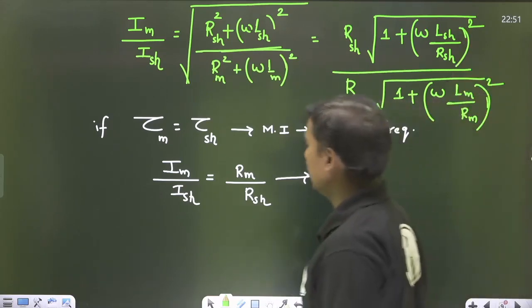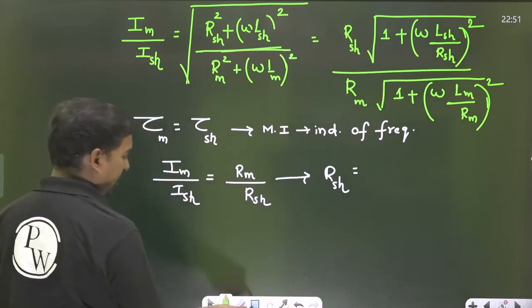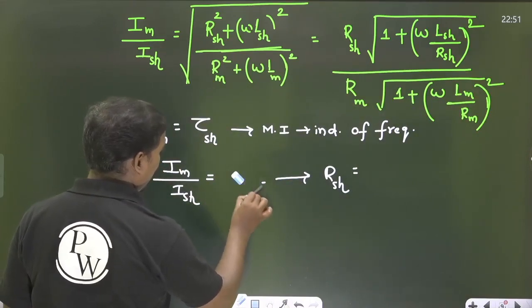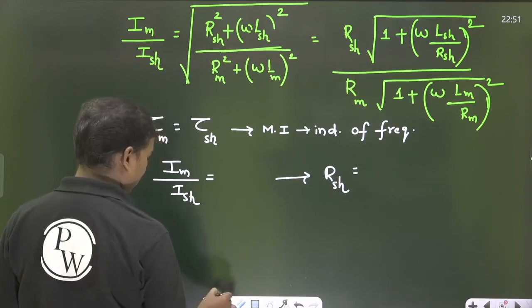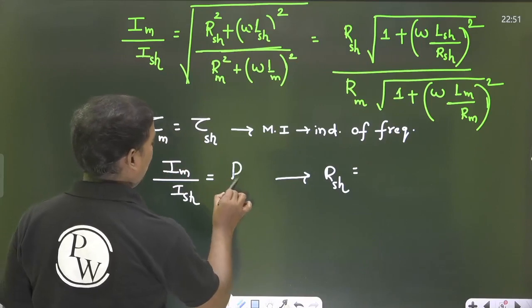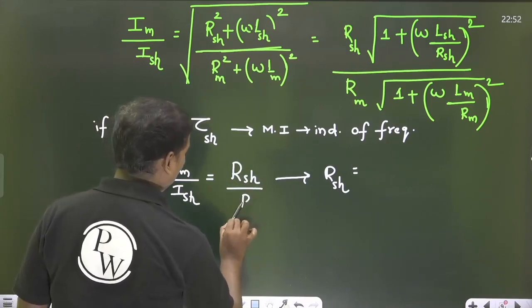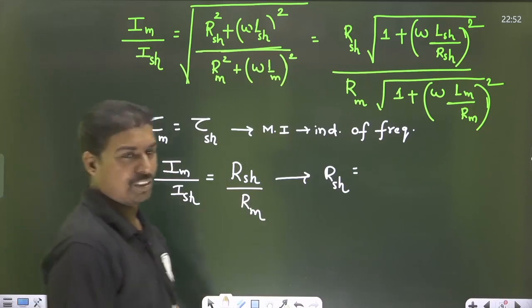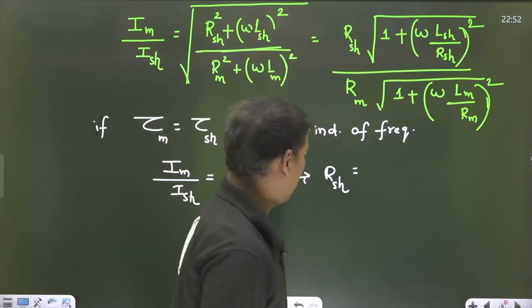Now finally, Im by ISH is equal to RSH by Rm. Like the PMMC expression, we are going to get a PMMC expression from this.